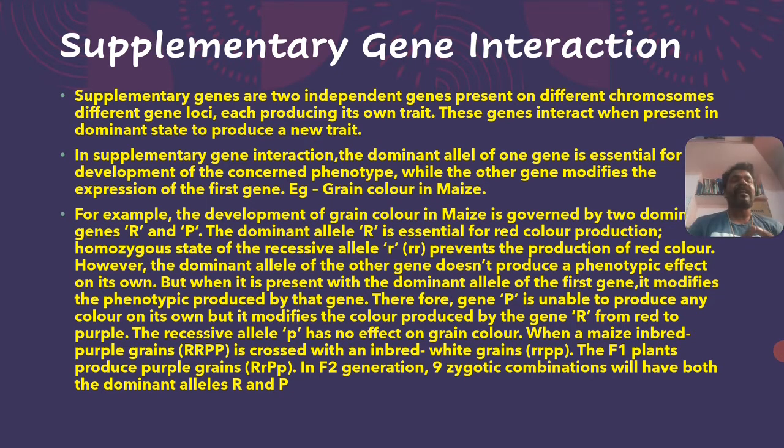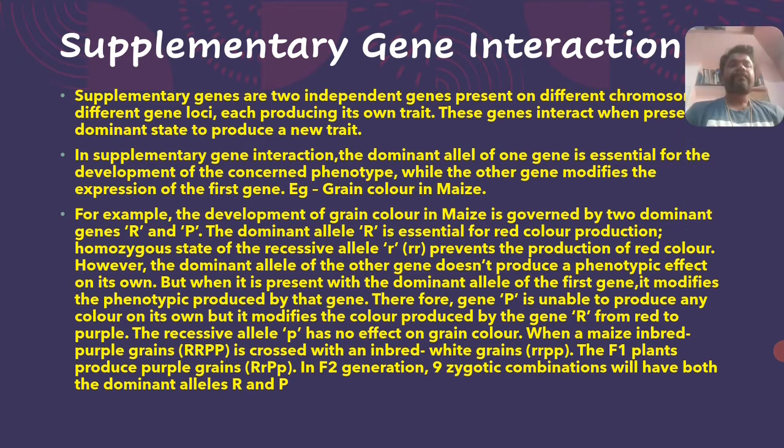When these two genes interact, if they are in a dominant state, they produce a new trait. In supplementary gene interaction, the dominant allele of one gene is essential for the development of the concerned phenotype, while the other gene modifies the expression of the first gene.